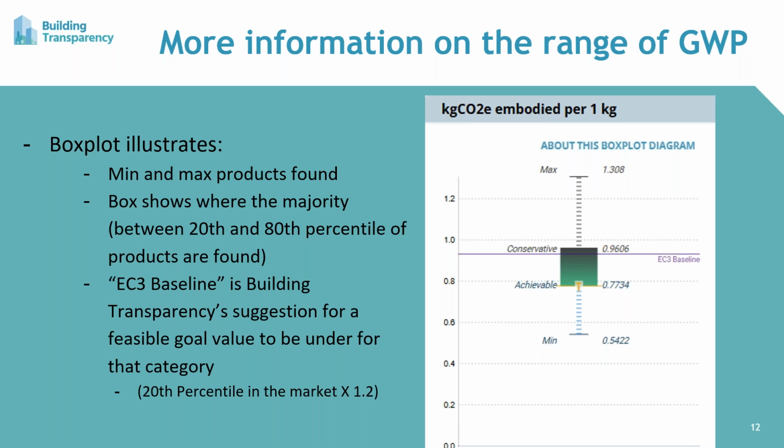So the minimum and the maximum represent the GWP values of the min and max that were found for your search. The box here shows where the majority of products are found for your search. So the 20th percentile is here, and the 80th percentile is at the top. So the bulk of the products are between the box there.